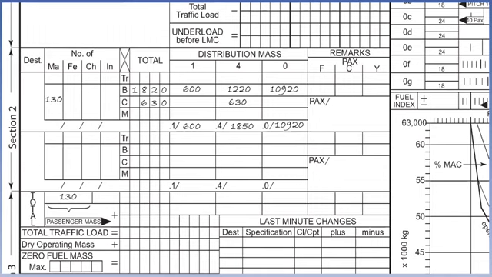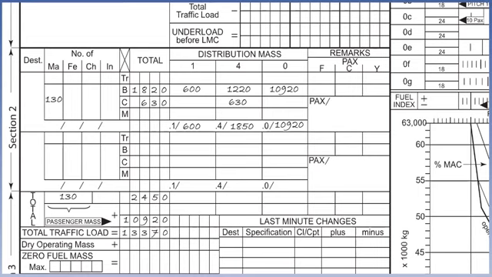We can now calculate the total traffic load by going into the start of section 3 and entering the total of baggage and cargo, 2,450 kilograms, and below it the total passenger mass of 10,920 kilograms. By adding the baggage and cargo mass, 2,450 kilograms, to the total passenger mass of 10,920 kilograms, we arrive at a total traffic load of 13,370 kilograms.